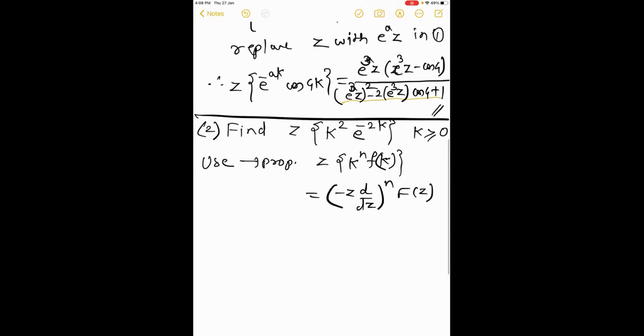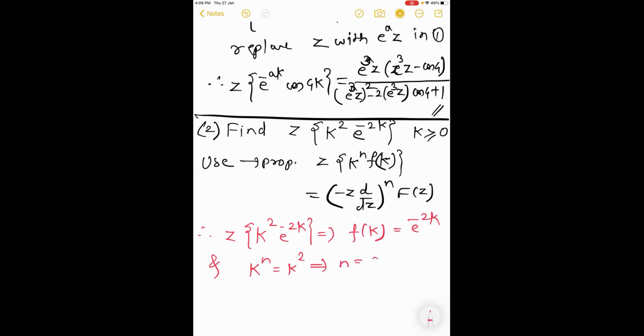So here k square is given. Therefore, for the Z transform of k square e raised to minus 2k, f of k is equal to e raised to minus 2k, and k square is the multiplication. K raised to n is k square, which implies n is equal to 2.